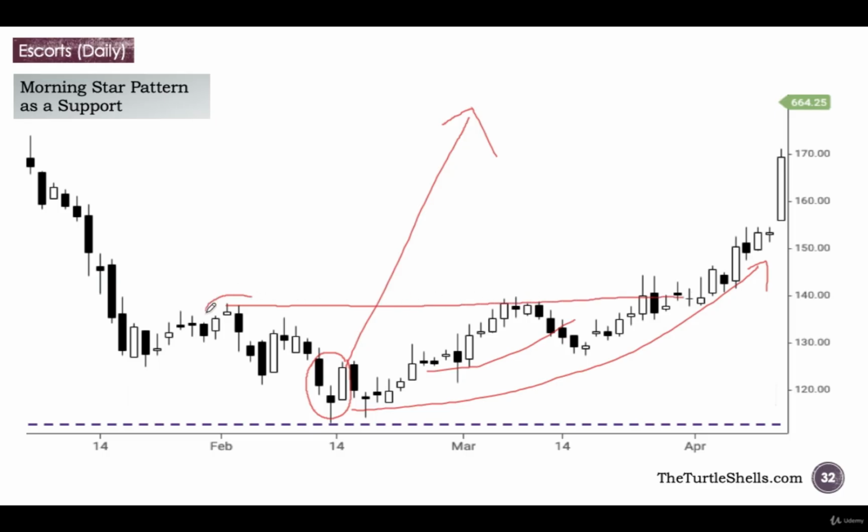It was because of this resistance that the price stalled there or could not go steeply upwards. But nonetheless, there is not a single candle in this whole area of around 2.5 months where our stop loss was hit. So we know that we placed our position in the right place and we kept our stop loss in such a way that the chances of that stop loss getting hit were very low.